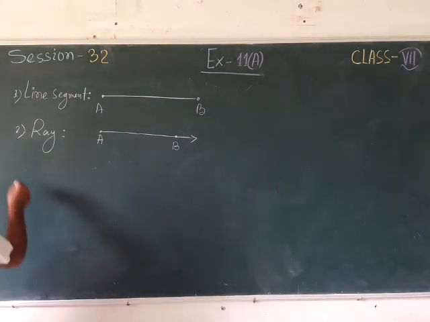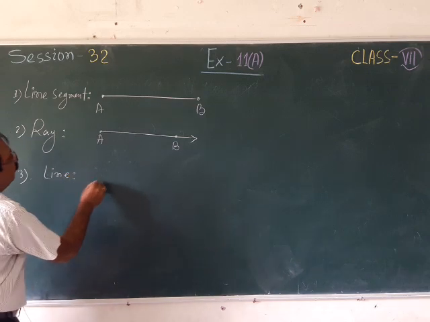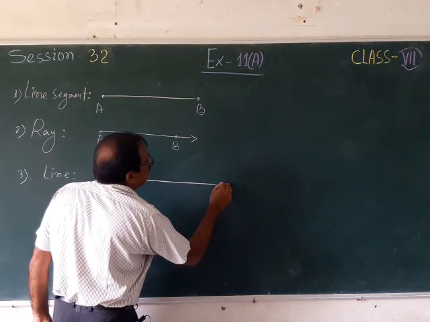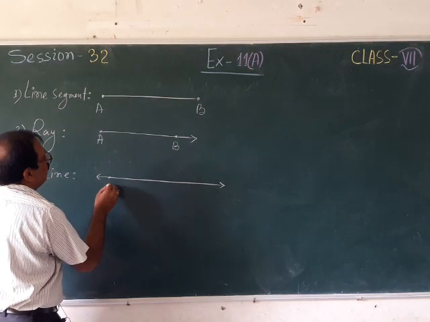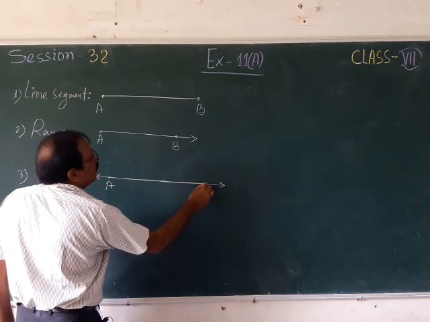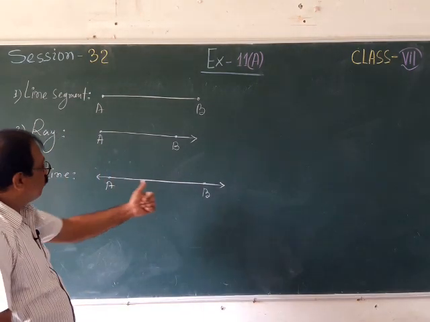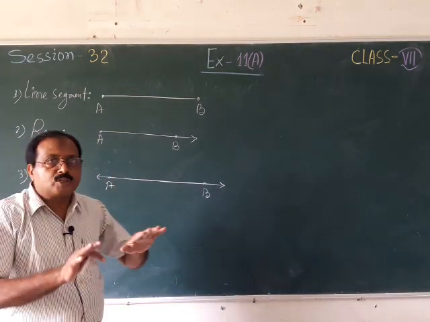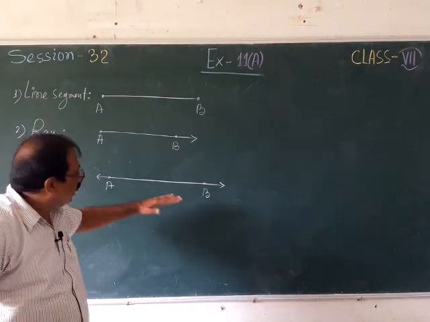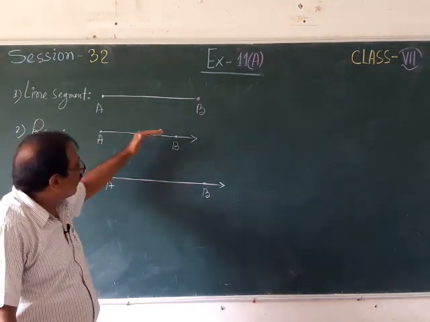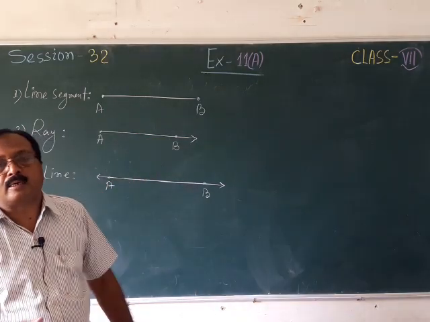Then I am talking about number 3, a line. What is a line? When you are drawing a line, both sides I am going to give the arrow mark. If I draw AB, and in this AB both side arrow marks are there, that means it is going in both directions up to infinity. That means you cannot measure a line or a ray. Its length is not fixed. A ray cannot be measured.